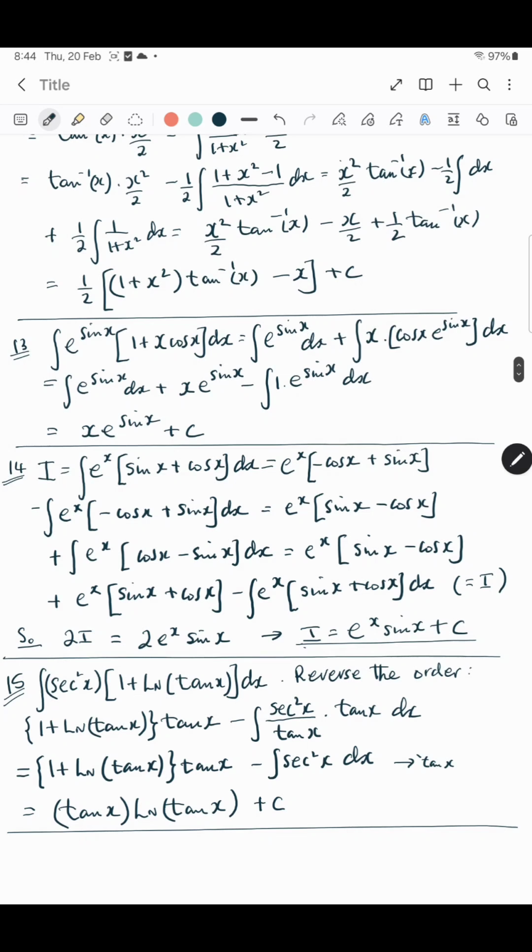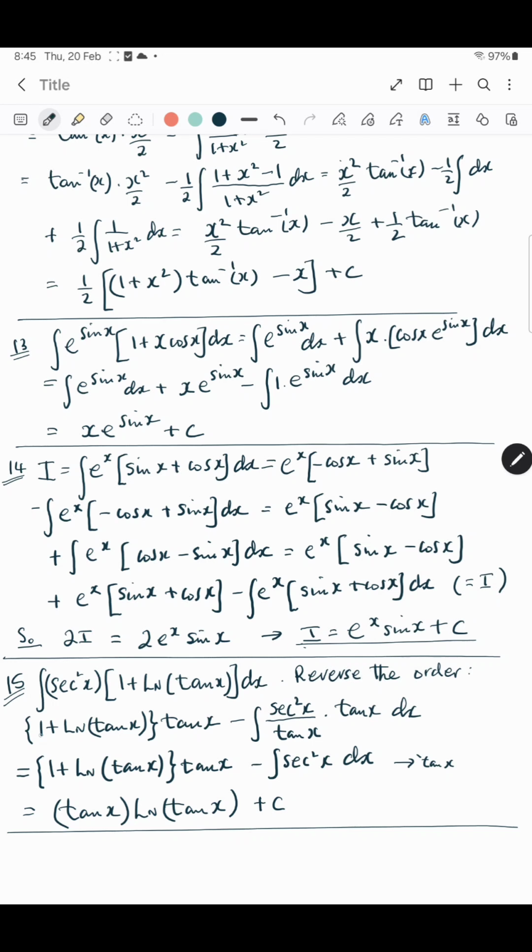And then lastly, we'll have question number 15, which is the integral of sec squared x times (1 plus log tan x) dx. And here we'll reverse the order of integration and carry out the process by parts.